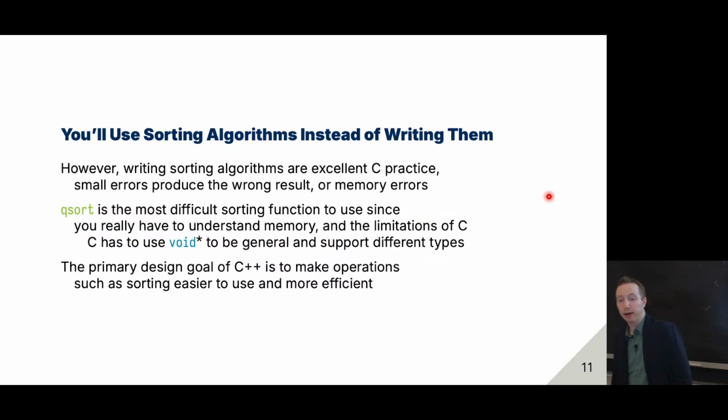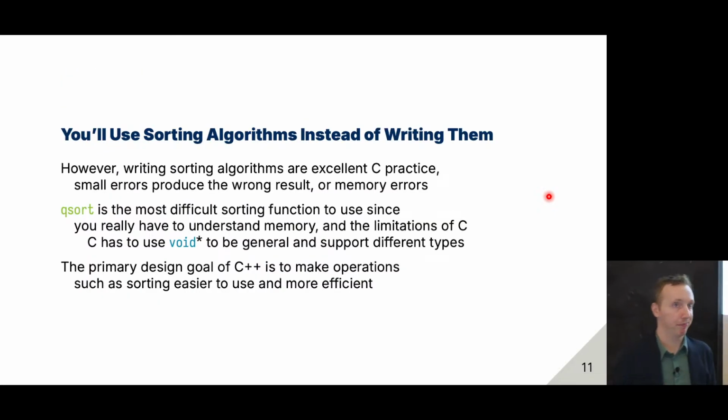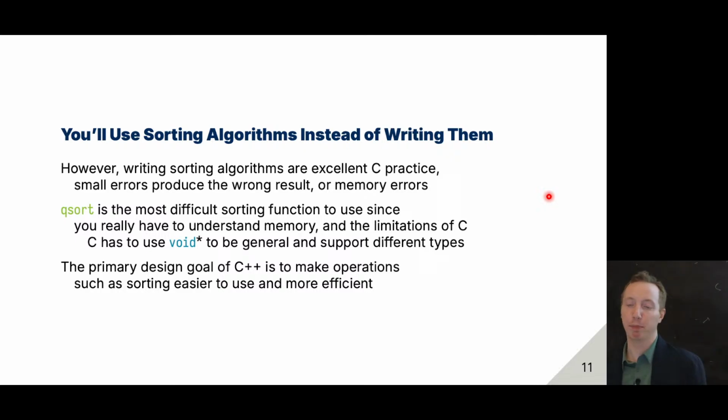And then, typically from here on out, it's good to practice writing sorting algorithms. It's really good practice in C, especially since small errors will just produce the wrong result, or you'll have memory errors and it'll crash. But likely in any real program, you'll probably want to reach for something like qsort.